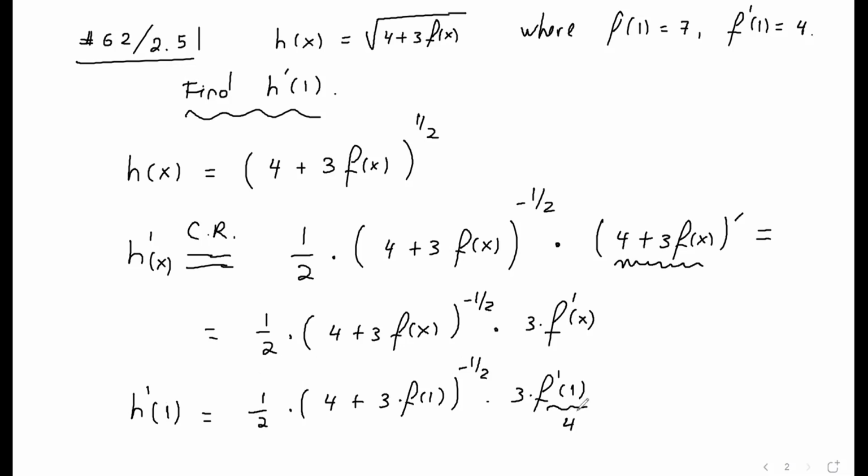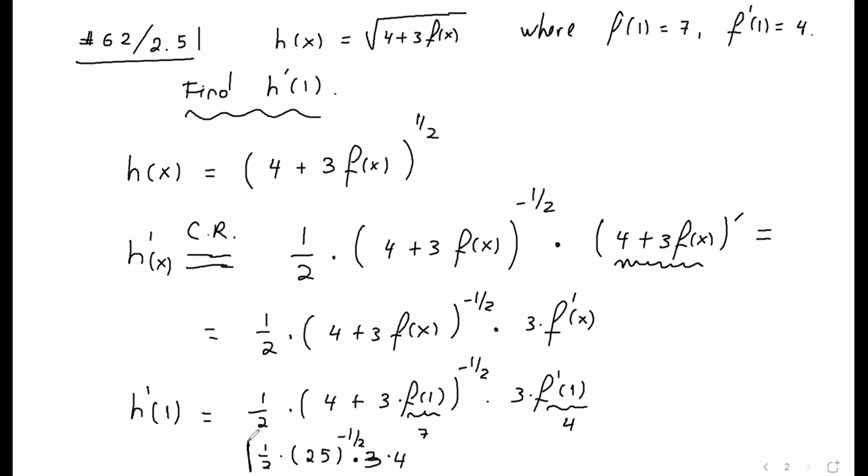Well, f prime of 1, yes, it is 4 there, and f of 1 over here, it is 7 here. So what I have is 1/2 times 4 plus 3 times 7 is 21. 21 plus 4 is 25. So 25 to the negative 1/2, folks, times 3 times 4. F prime of 1 is 4, we said.